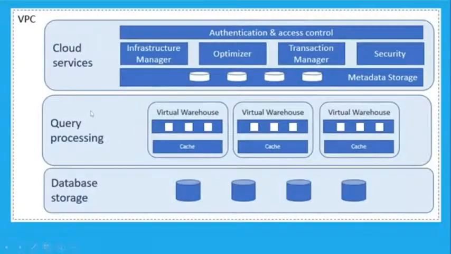I will tell you. This query processing layer is a virtual warehouse, which is a compute layer, and these are hardware resources for your Snowflake. They are required to process all your requests.